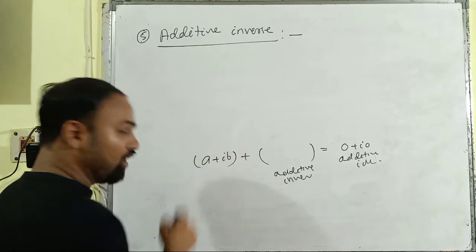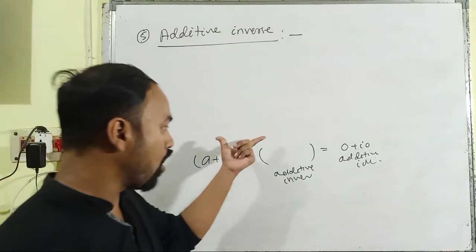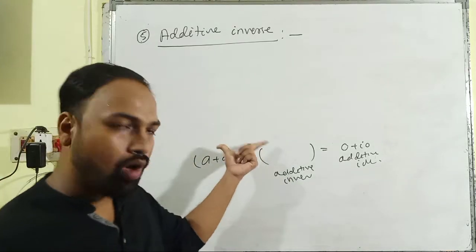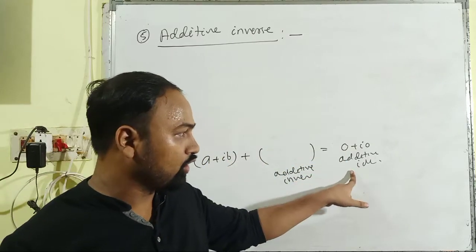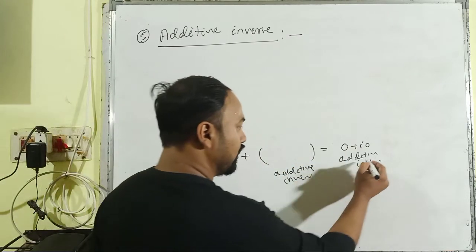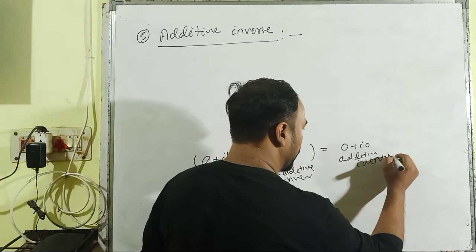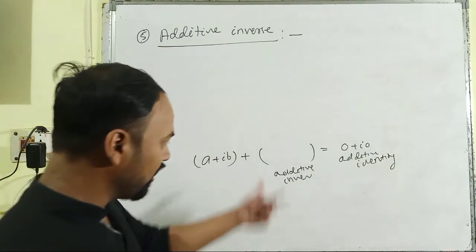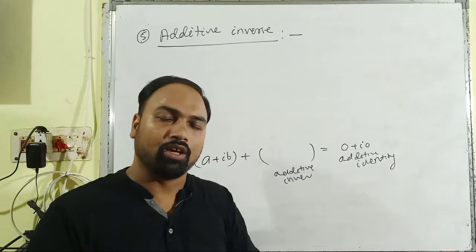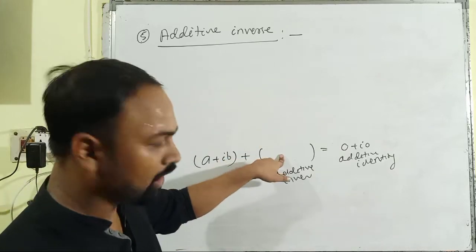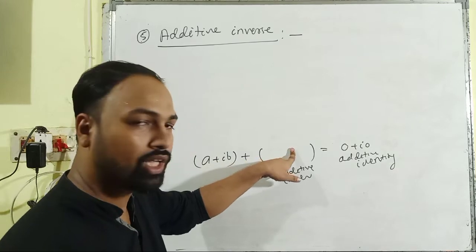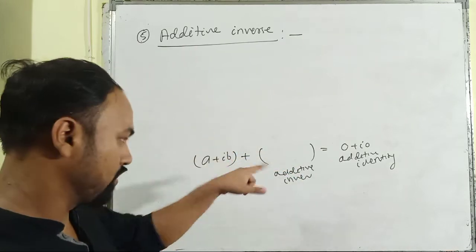If the sum of two complex numbers gives the result of additive identity, that means 0 plus I0, then either of the complex numbers is the additive inverse of the other complex number. This complex number is called the inverse of the first complex number.